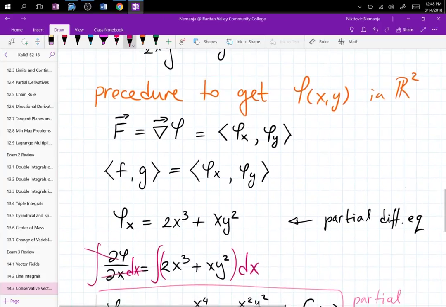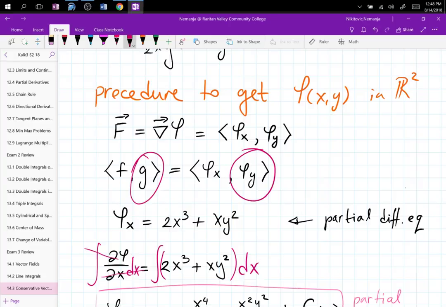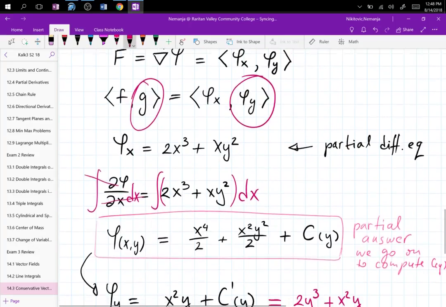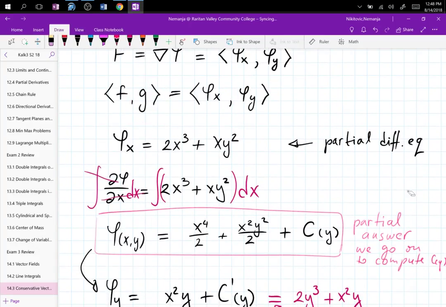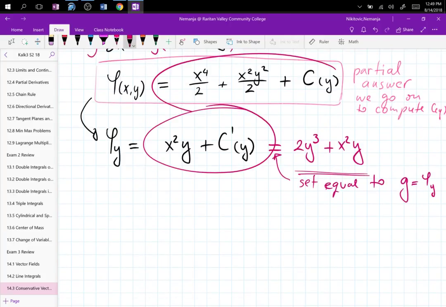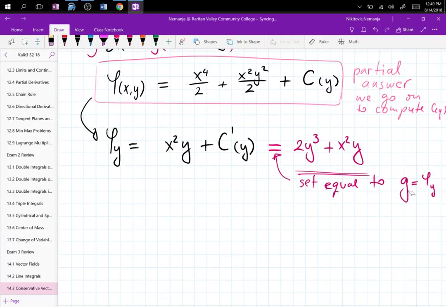If you go back, you see that g is this. So I have g given in a problem, and I have another g that I can compute from my calculation from here. So I have two g's, and I just make them equal.